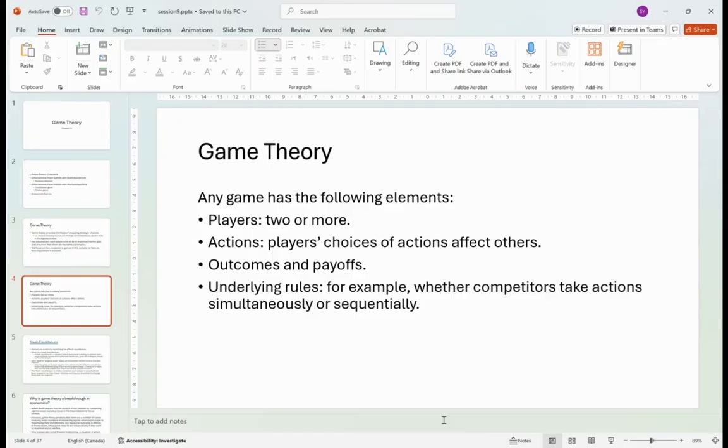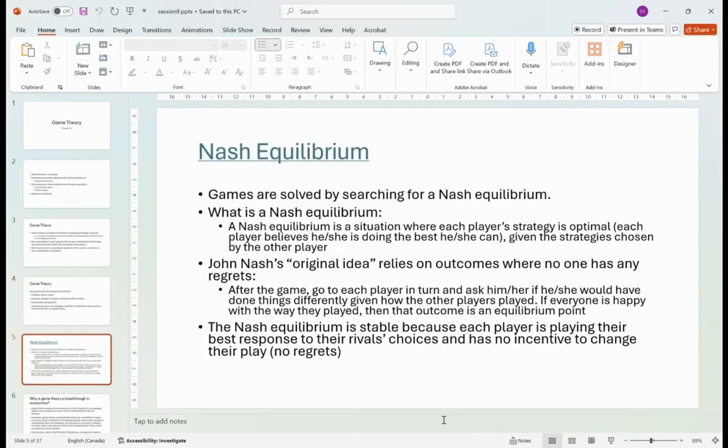So we assume each player's action affects the other player's action. We are going to have outcomes and payoffs as a result of each action. And also we have some underlying rules, including whether the players are playing at the same time, simultaneously, like Bertrand and Cournot, or sequentially, in turn, like the one we had under the Stackelberg model, right?